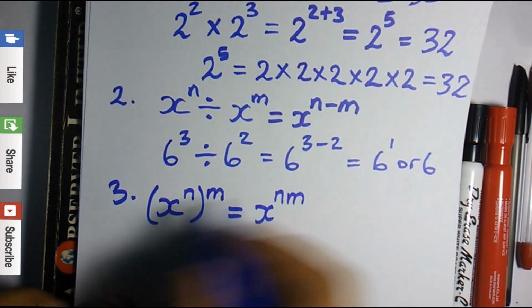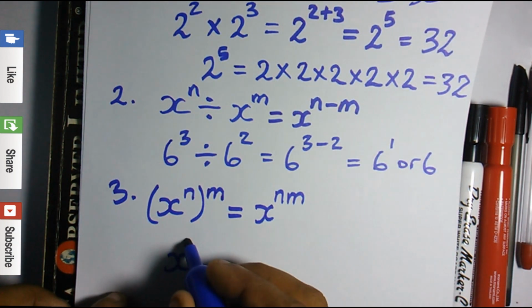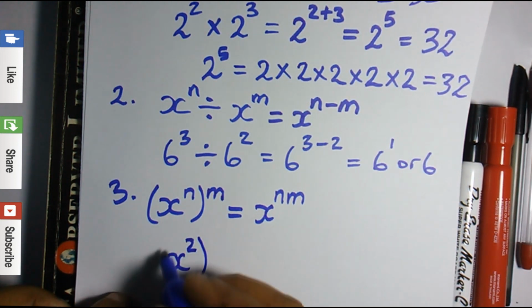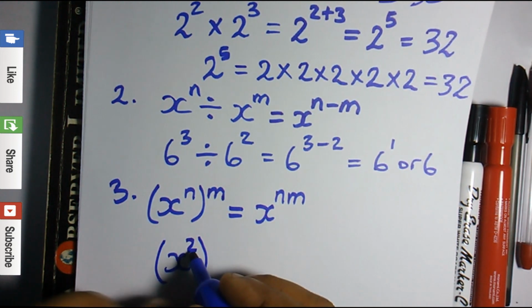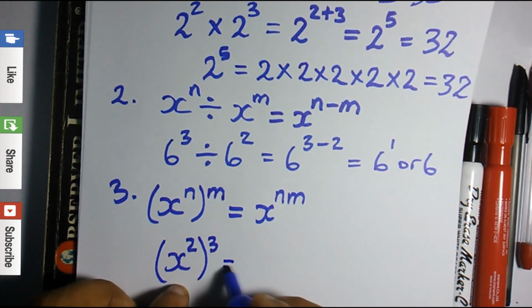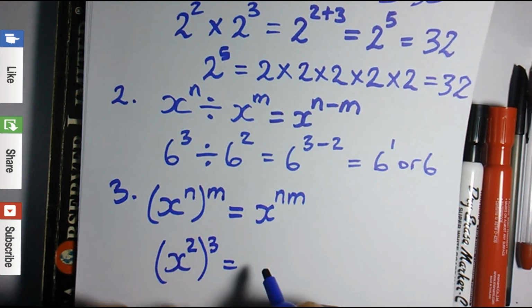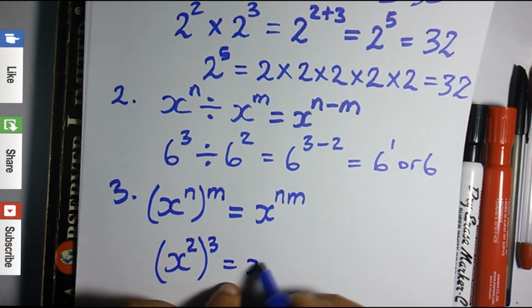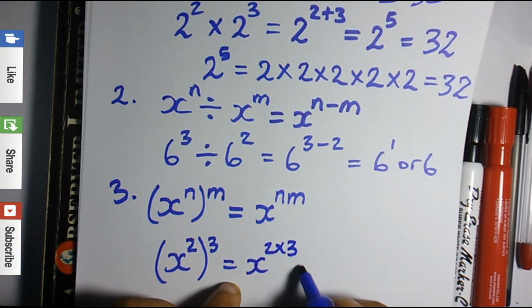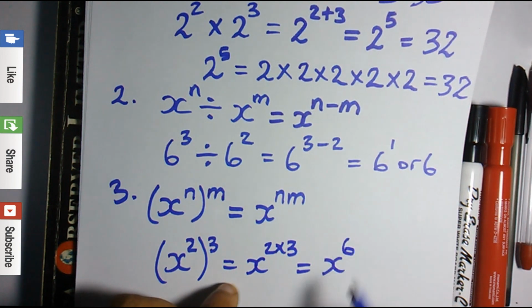A few examples for this one: x squared, so this x is raised to the power 2, raised to another power 3. What would we do? We would multiply the powers. So it would be x to the 2 times 3, which is equal to x to the 6.